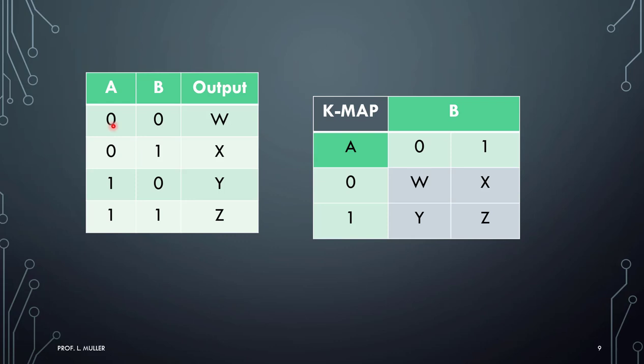Here we just go through the combinations sequentially, 0, 1, 2, 3. Here I don't quite do that. This is combination 0, 0, 0, 1, which is number 1, 1, 0, which is 2. If you look over here, 1, 0 is 2. So I'm redrawing the truth table into this thing called a K-map.